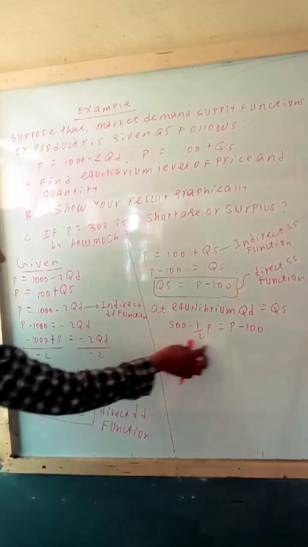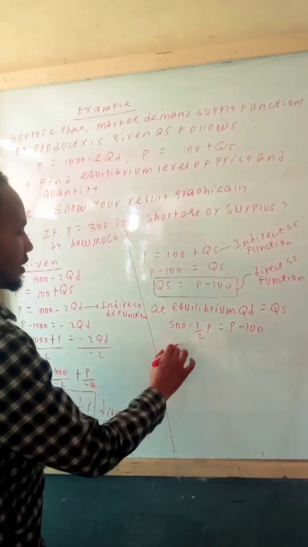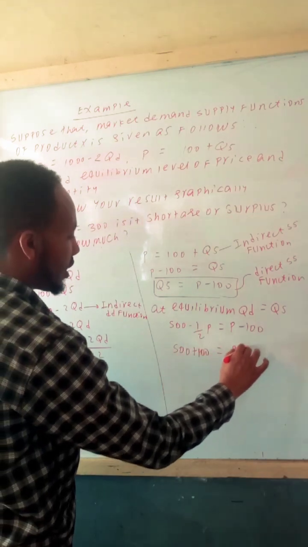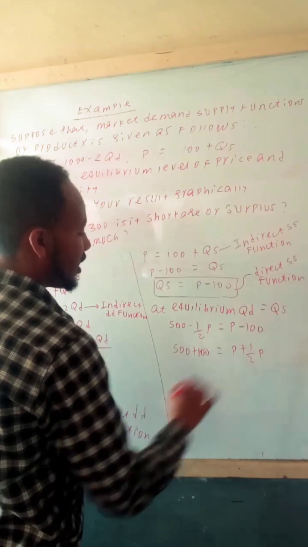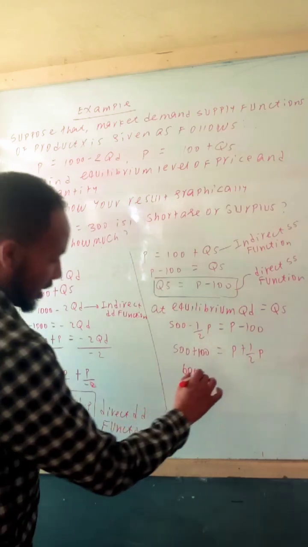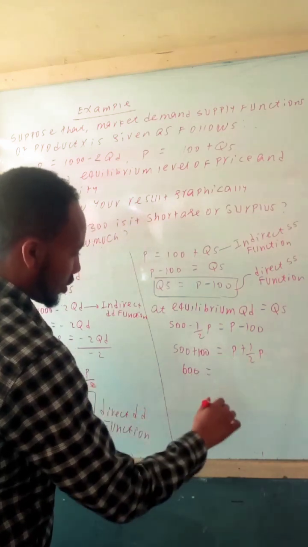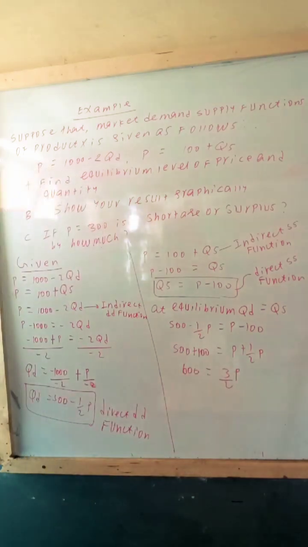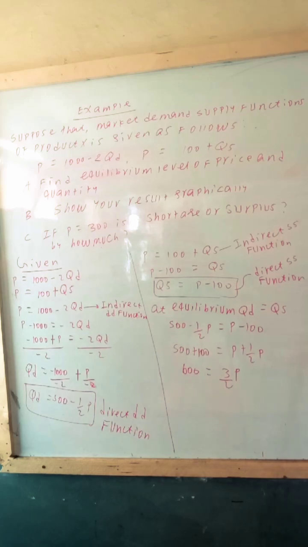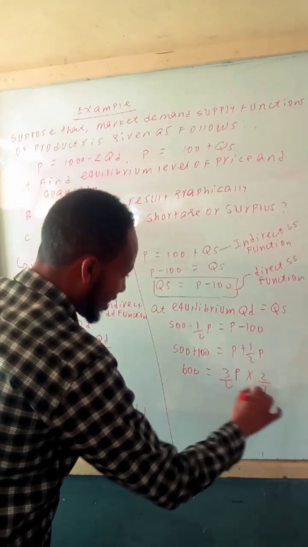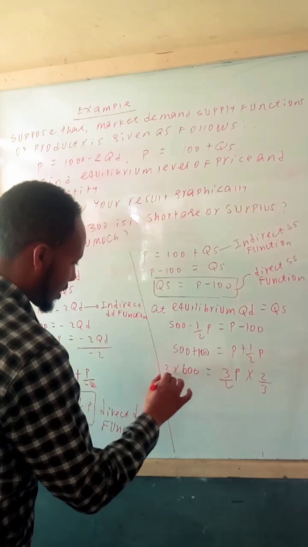Then collect like terms. We have P and P, and we have constant numbers. Then 500 plus 100 is equal to P plus 1/2 P. This becomes 600, which is equal to 3/2 P. Then we multiply by the reciprocal, which is 2/3.